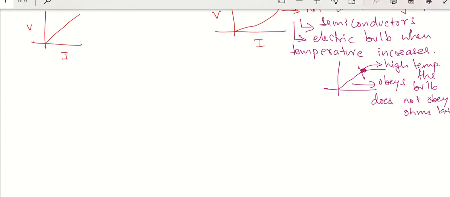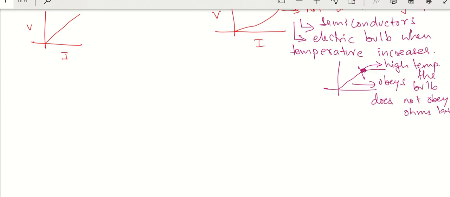Now this is about the ohmic and non-ohmic. All right, so resistivity is seen, resistance is seen. Now we are going to just briefly see about the series and parallel, and then we will go ahead with the other topic.